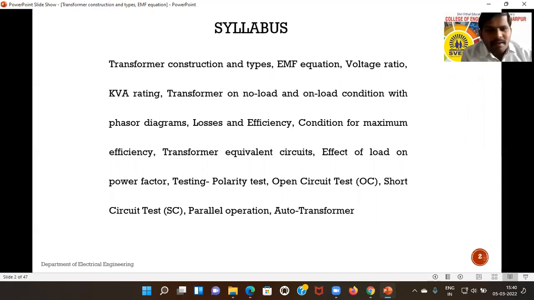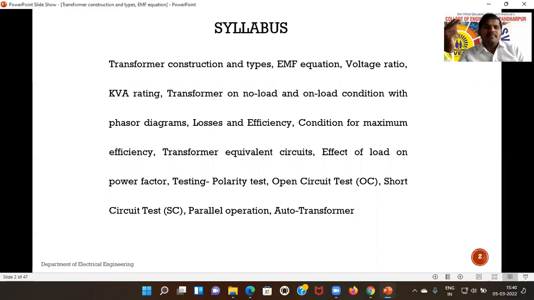After that, the losses and efficiency with its phasor diagram. Condition for maximum efficiency: we have already derived the condition in case of DC generator and motor. Also we want to discuss what is the condition to get the maximum efficiency in case of transformer.